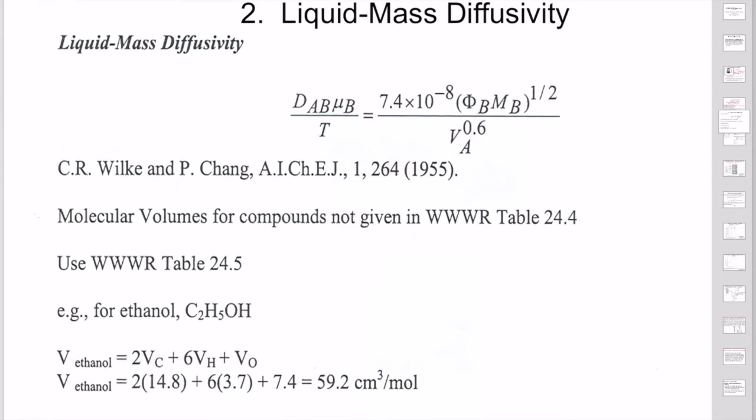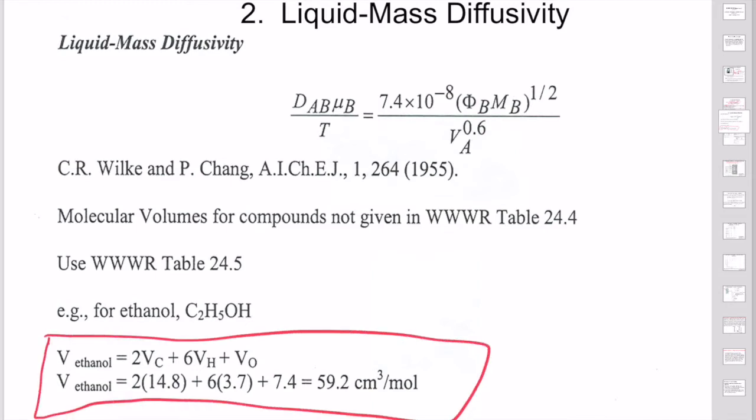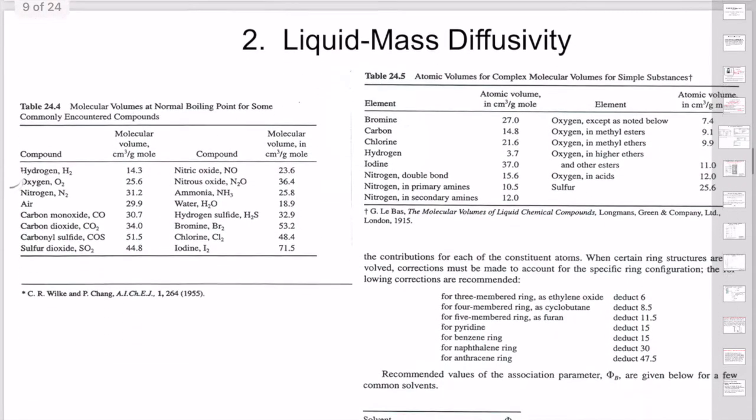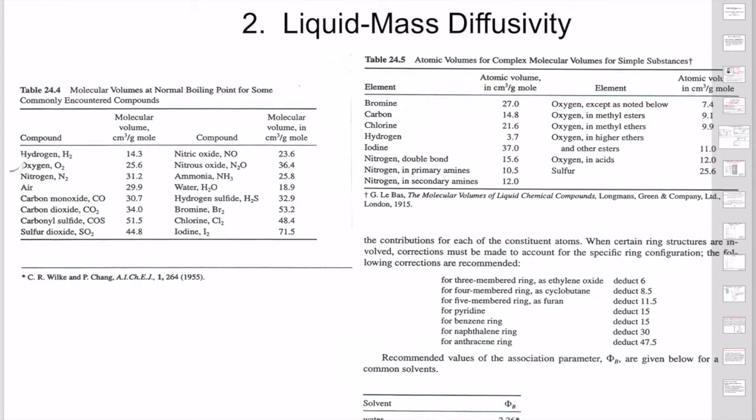Okay. This is an example where she is calculating the molar volume of ethanol in order to put it into this equation if ethanol is your solute that's diffusing. In this table, you see some molar volumes for certain substances.